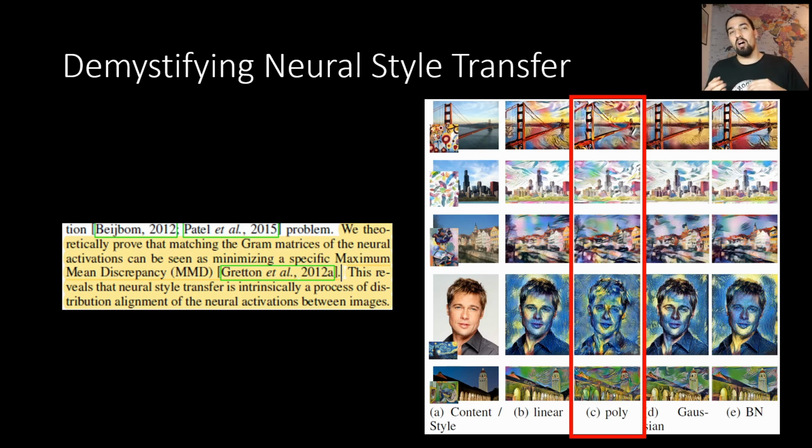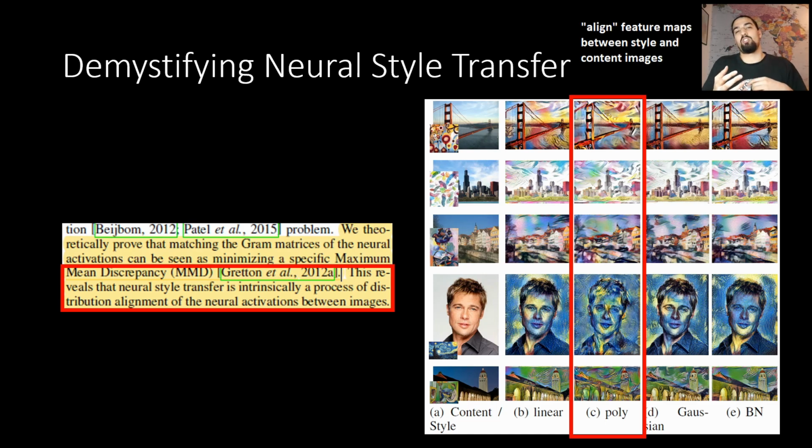That means we can use other kernels like linear or Gaussian kernel to achieve style transfer. And as it says right here, this reveals that neural style transfer is intrinsically a process of distribution alignment of the neural activations between images, which means we basically just need to align those distributions in order to transfer a style. And there are various ways to do that.